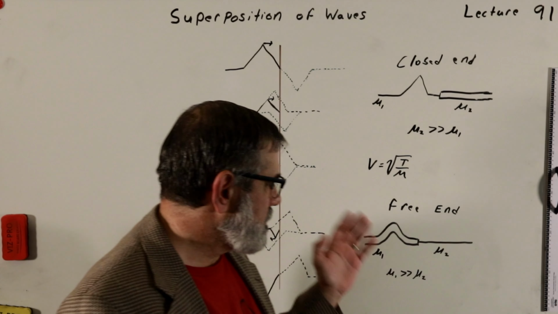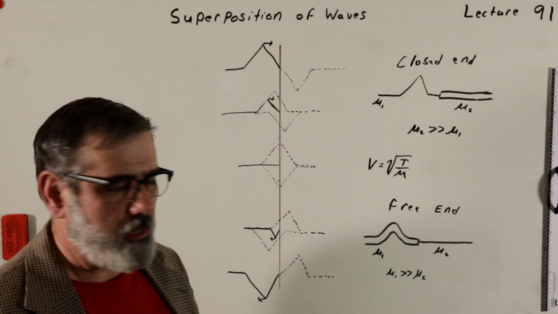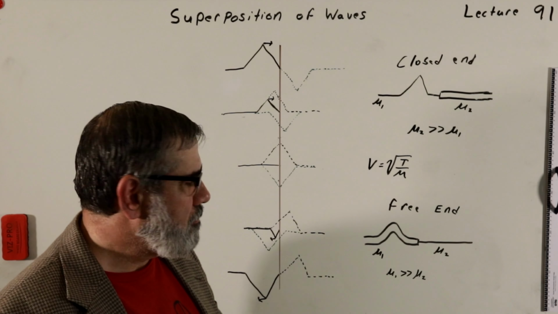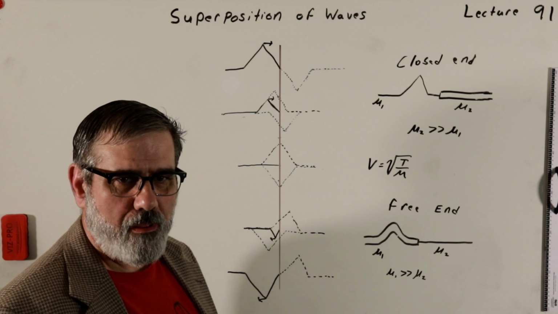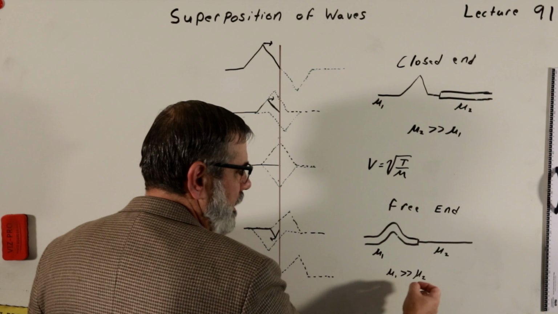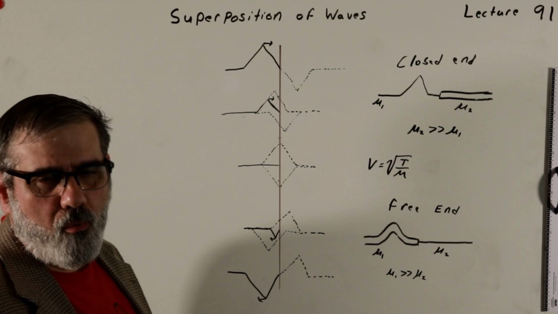But of course, part of it is going to shoot away really fast because the wave speed here is virtually infinite. So that wave shoots off really fast. And we will get a reflected pulse back, but it will not be inverted. It will be just like this. So after it hits this boundary, it's going to reflect back in the opposite direction, but it won't be inverted.